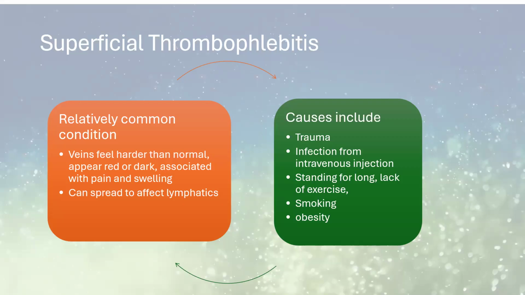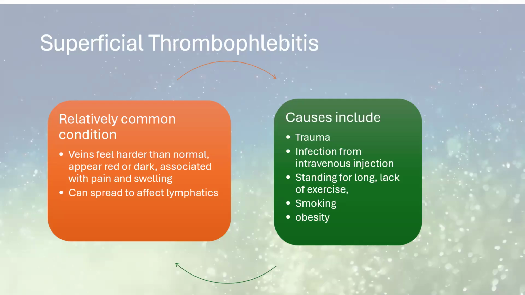If we look at the causes, it can be due to trauma, it can be due to infection from, for example, an intravenous injection, an injection given in the vein. It can be from standing for a long time and lacking exercise.